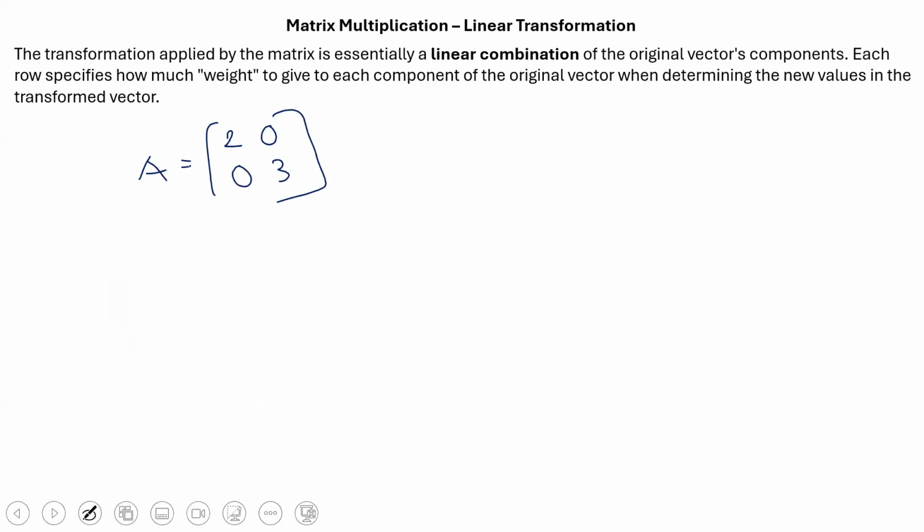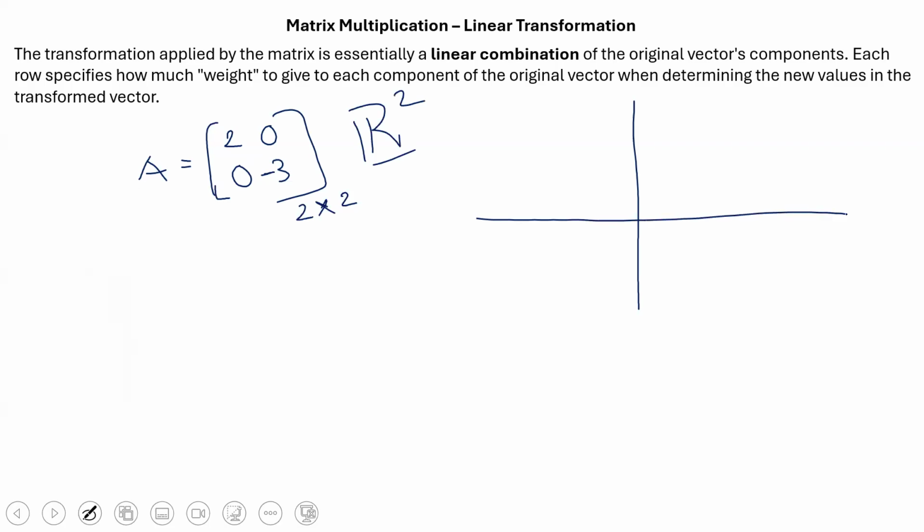It transforms the vector. Let me take minus 3 for better understanding. This is a 2 by 2 matrix, which means this is a point in two-dimensional space, represented by R2.